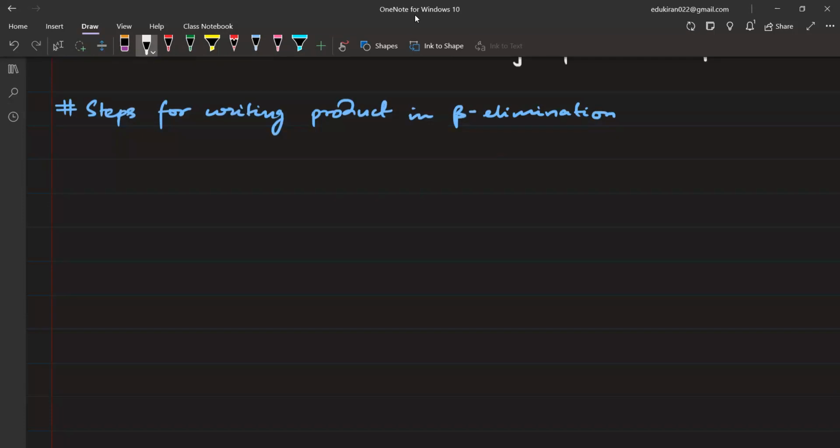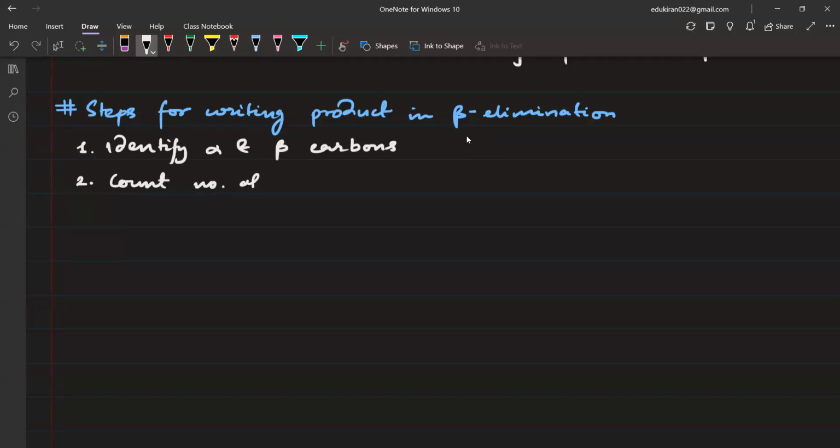Okay, in order to not make any mistake. First of all, you will identify alpha and beta carbons. Second, count number of hydrogens on every beta carbon.